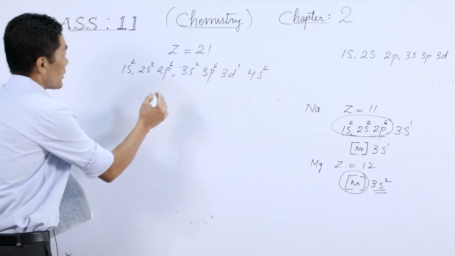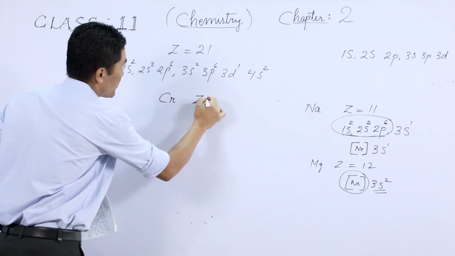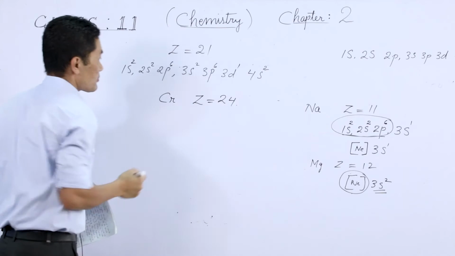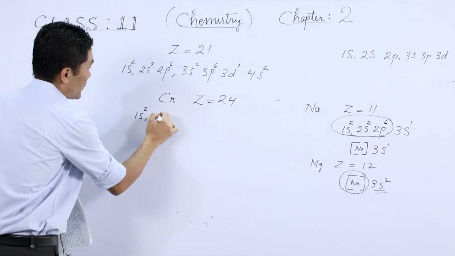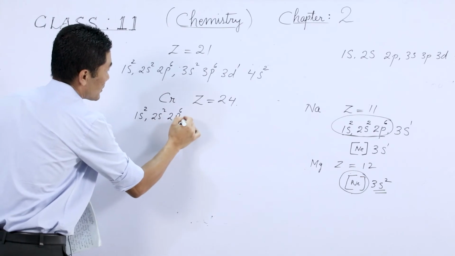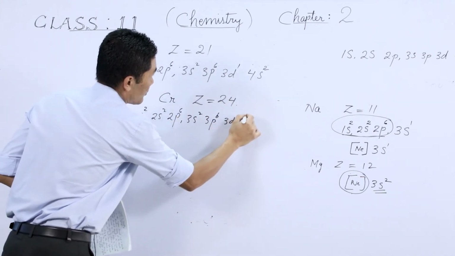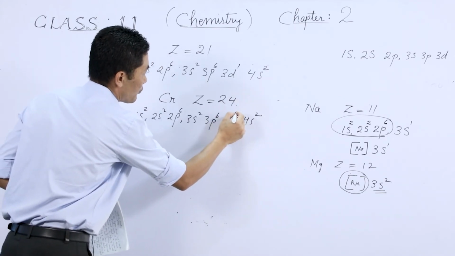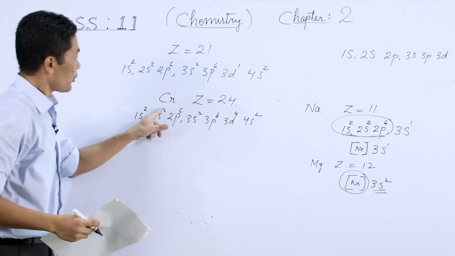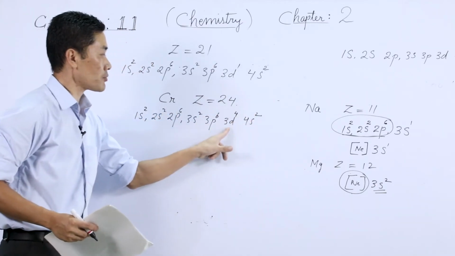Now, take the case of chromium, whose atomic number is 24. We can write 1s2, 2s2, 2p6, 3s2, 3p6, then 4s2, then 3d4. 2, 4, 10, 12, 18, 20, and then the last 4 electrons come here.